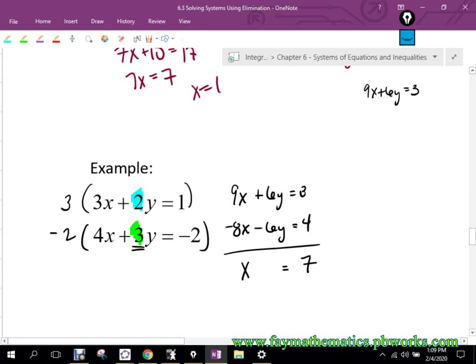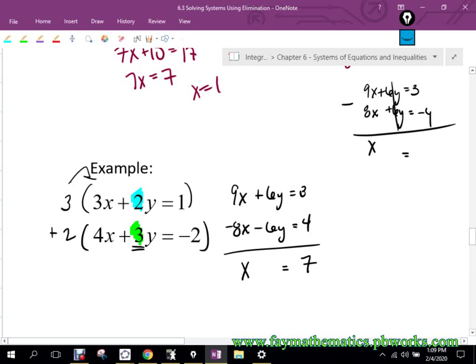But now if I distribute a positive 2 here, it would have given me 8x plus 6y equals negative 4, right? And now you're saying, well, subtract them, correct? What's 9x minus 8x? 1x. What's 6y minus positive 6y?